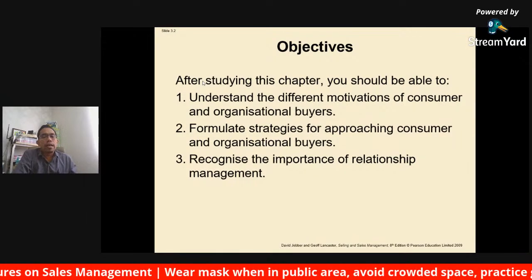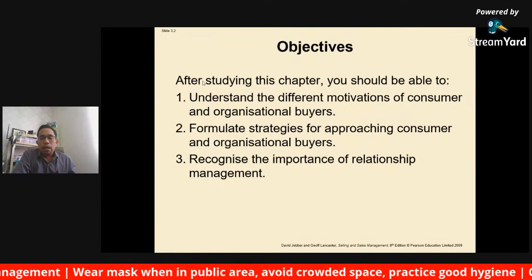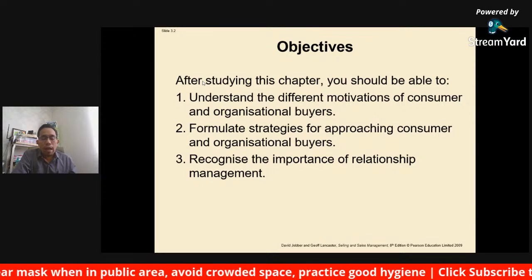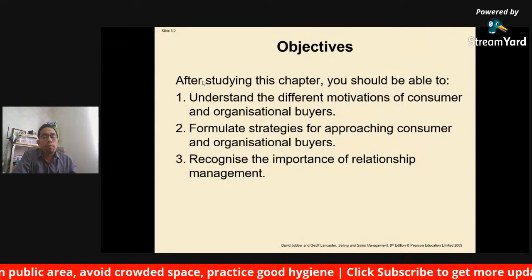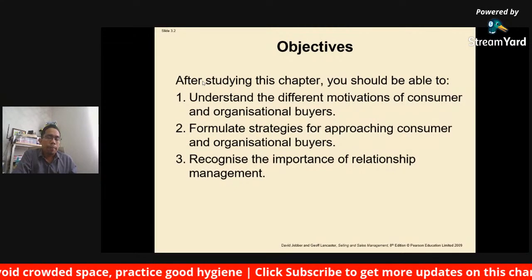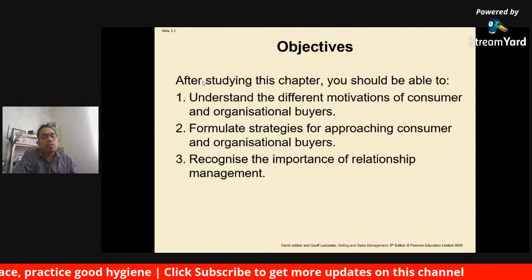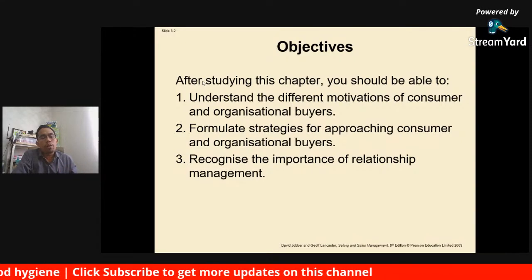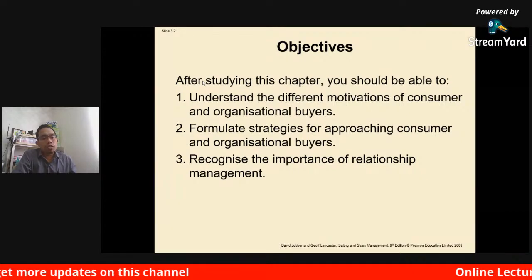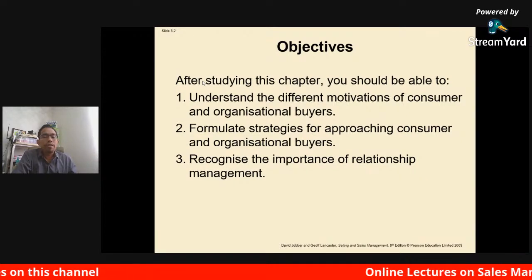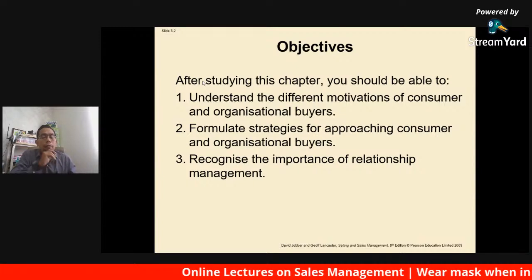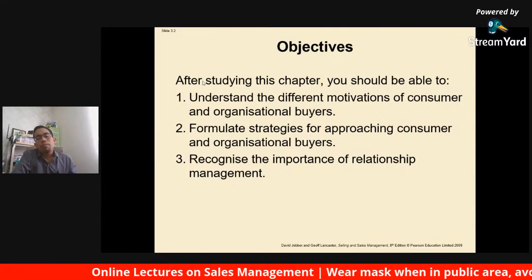Yes, most of us are motivated, and it gives us the courage to buy something from the market. It's not just for the end consumer. The business, the organizational consumer, also has its own way to determine how they make a purchase.